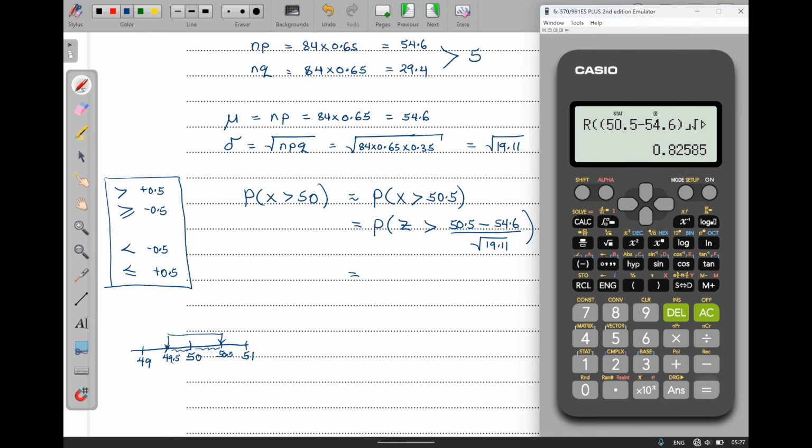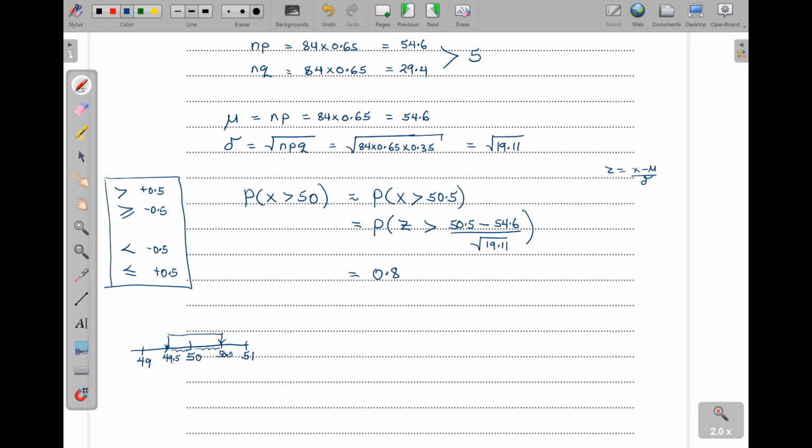Okay, and I close the bracket, so it will give me that answer. To three significant figures, I will write 0.826. If you want, you can use the table.